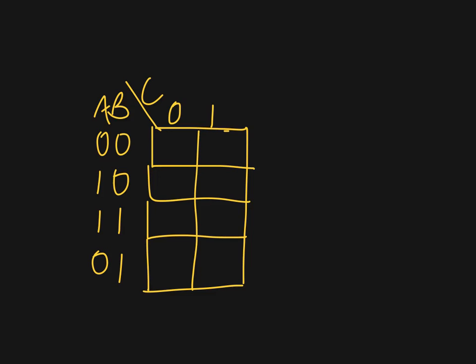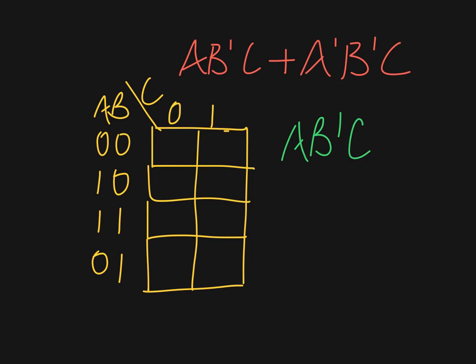So our statement was A, not B, C, or not A, not B, C. So let's take the first one. So it's A, not B, C, turn it to 1. C has to be true, that's this column. A has to be true, that's this one or this one. They're both A true, but not B. So it has to be the 0, this one here. So we put a 1 in there.